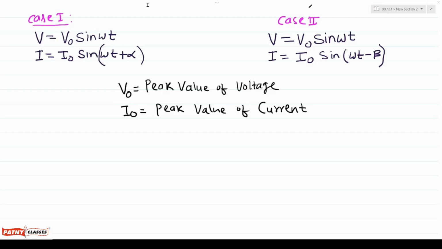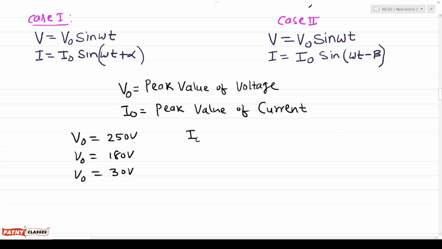Here, V naught is nothing but the peak value of voltage and I naught is the peak value of current. They are values, they are magnitudes, they are numbers. V naught is a number, I naught is a number. Such as V naught equals 250 volts, V naught can be 180 volts, or 30 volts. 250 is the magnitude of the alternating quantity, 180 is a magnitude, and 30 volts is also a magnitude.